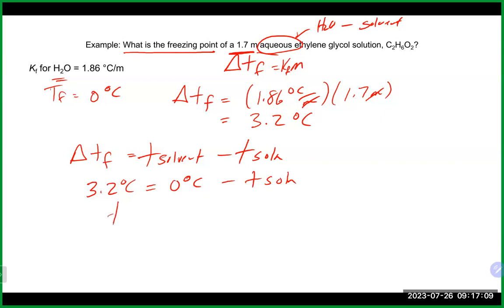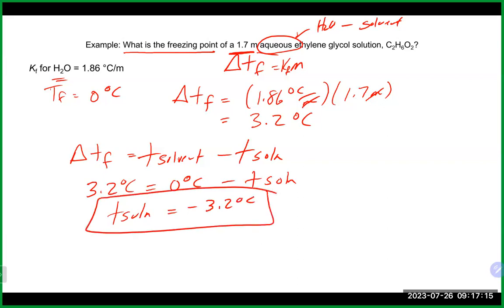That means the temperature of the solution will be minus 3.2 degrees Celsius. So again, not 3.2, but minus 3.2. That is less than 0, which is what should happen. If you put 3.2, you're telling me that the freezing point is going up, which is the wrong direction. Any questions on that?